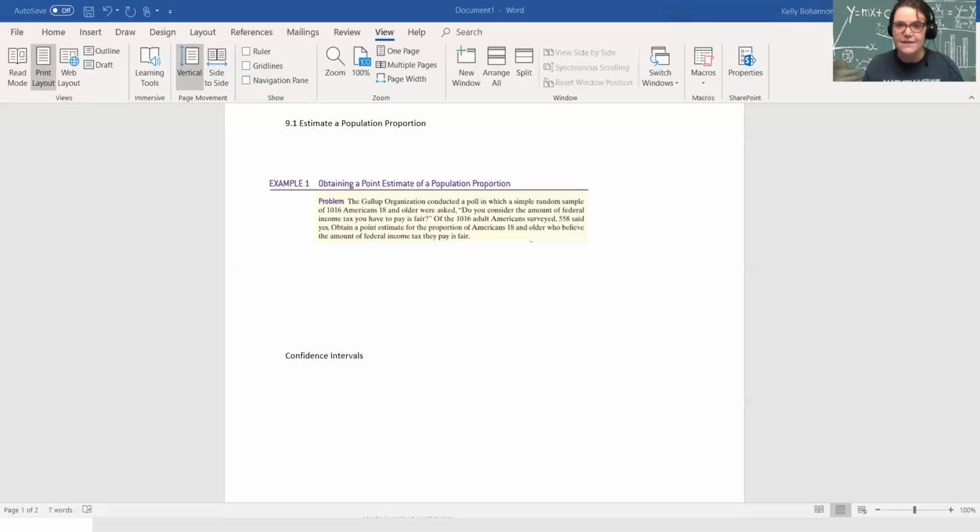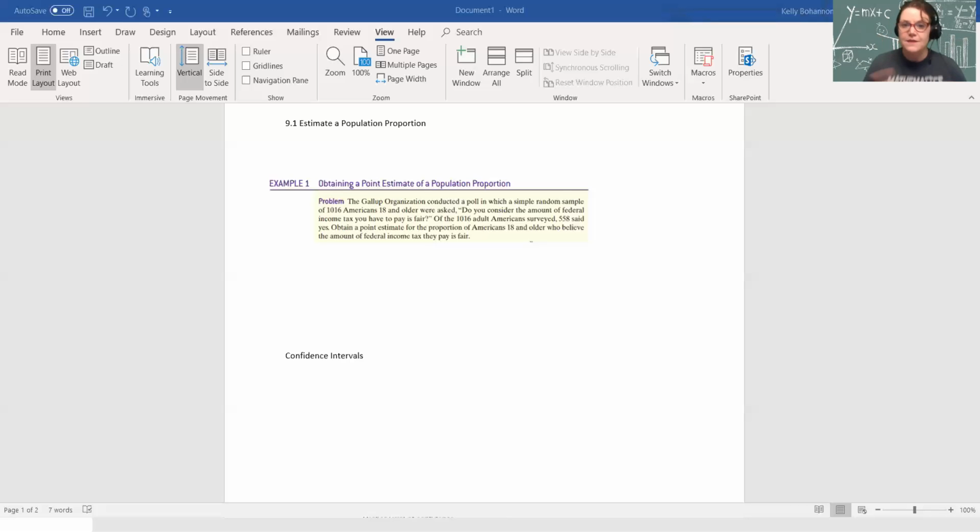For example, if I say I am 90% confident that the proportion of people who think their taxes are too high is between 50 and 52%, then I'm saying that if I were to take 100 more samples of 2,000, I'm confident that 90% of those samples would fall in that interval, and I think that 10% might fall outside of it.